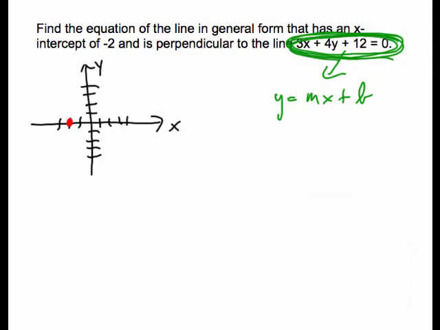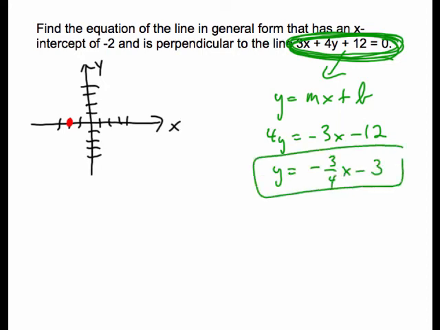So I'm going to isolate y here. So I'm going to move the 3x and the 12 to the other side. Divide by 4. And so the equation has a slope of negative 3/4 and a y-intercept of negative 3.